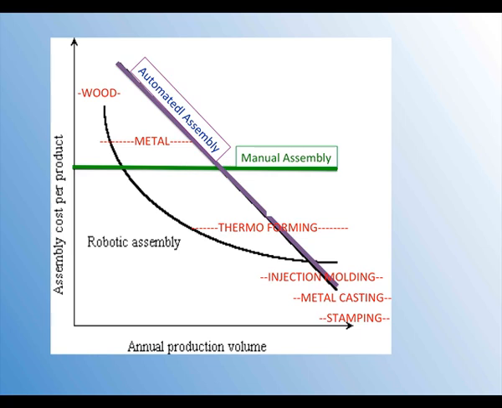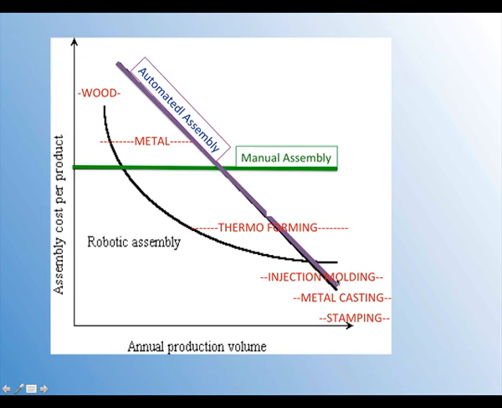So typically what we find is you're going to use manual assembly for the very low volume, particularly prototype parts. You're going to use programmed or robotic units that can be easily reprogrammed to make different parts. So you use robotic assembly for, I'll call it, a mid-level of volume, and then as your volume increases, you begin to look at automated volumes.